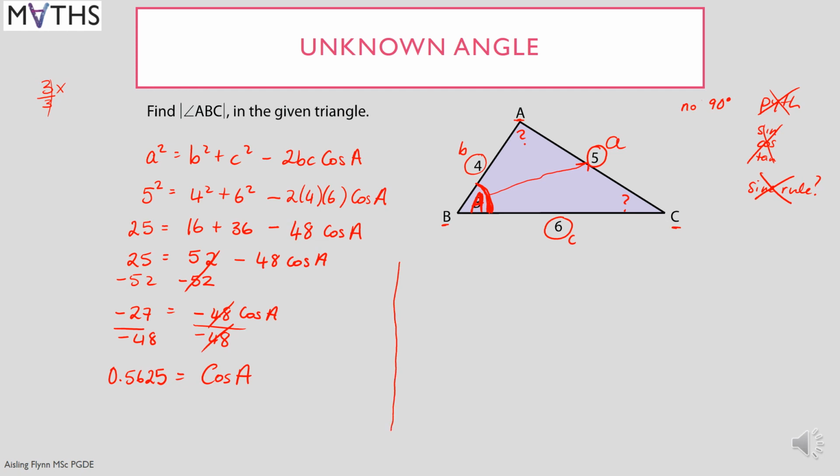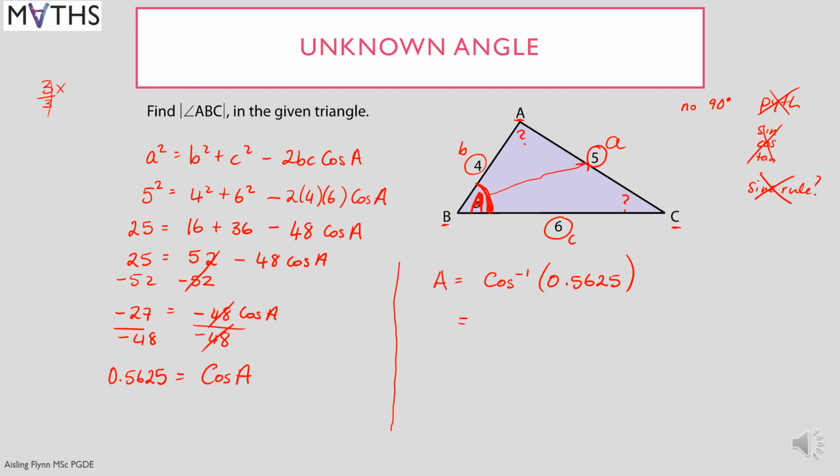So I want you to think back to your working backwards lesson now. How do you find the measure of angle A if you know the answer for the cosine of angle A? Well, we're working backwards. We use the inverse function. So we will get the angle A if we get cosine inverse of 0.5625. Now recall how you get that on your calculator.